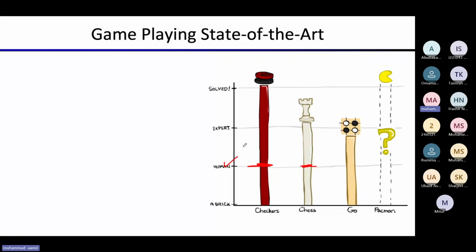The expert level is basically the optimal level of the game, because an expert will always try to take the correct move, the optimal move. And expert level is of course better than the human level, because most of the time this expert is some computer algorithm that is better than a human, and it can take optimal moves even better than the human.